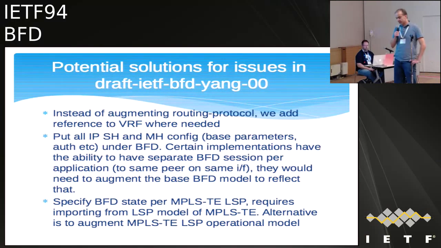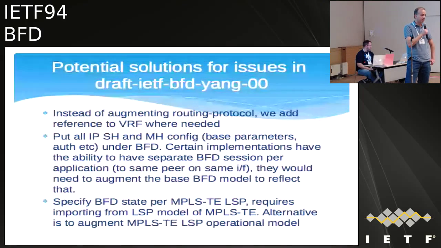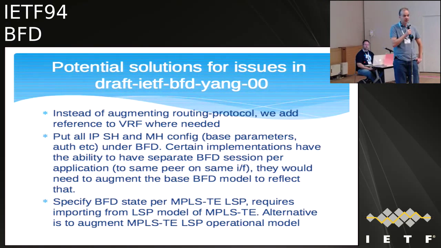One discussion we've been having is that certain implementations today have BFD configuration under the routing protocol, let's say OSPF and ISIS, and as opposed to sharing the BFD session, they have the ability to have a different BFD session for those different routing applications.